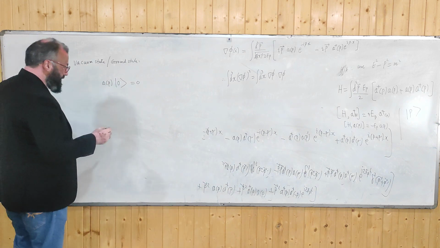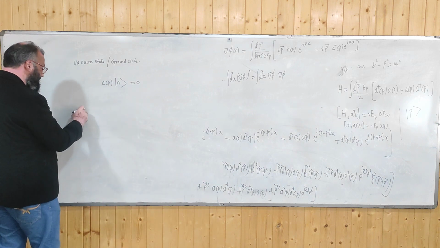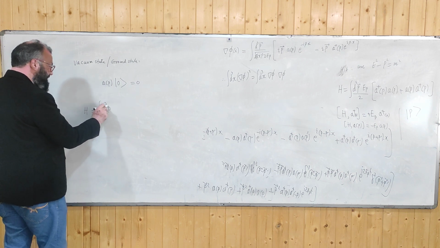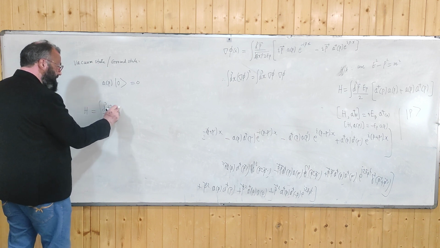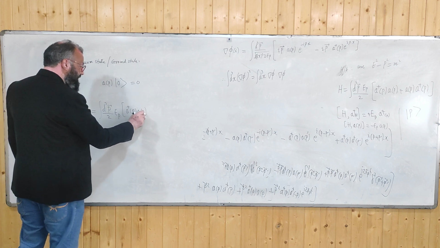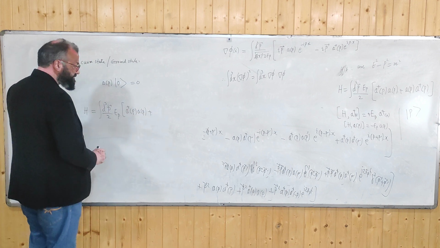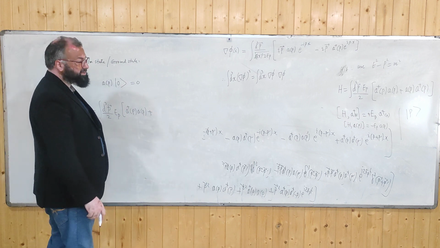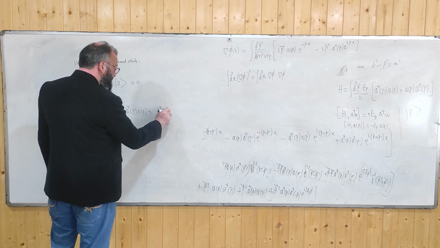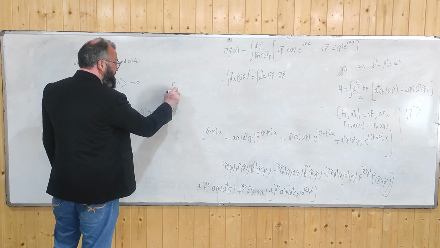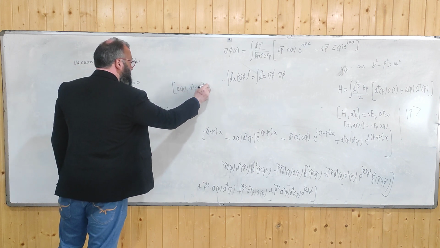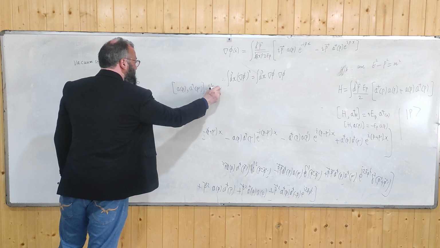This H. Let's rewrite this H, because there is a problem occurring. I can write it as the integral d3p divided by 2E_p, times A dagger of p, A of p. Now I will use a commutation relation. Let's write the commutation relation for this A dagger: A of p with A dagger of p prime equals delta 3 of p minus p prime.